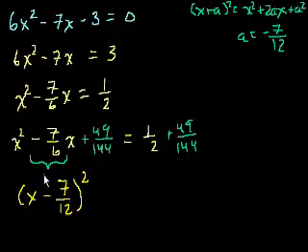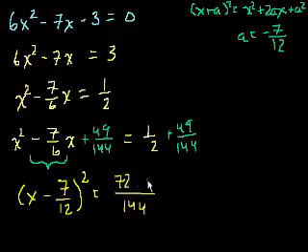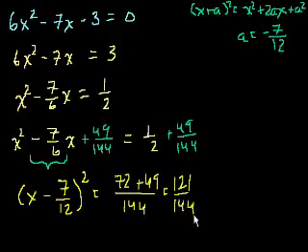And if you want, you can multiply this out and confirm that it truly equals this. And that is going to be equal to, let's get a common denominator, 144. So 72 plus 49 equals, what's that, 121. 121 over 144. So we have x minus 7/12, all of that squared is equal to 121 over 144.